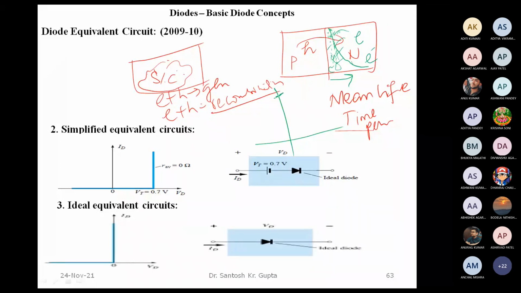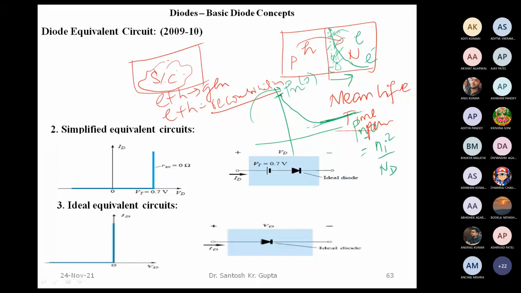The carriers have been injected from the p side to the n side with pn0 concentration, and far away from the junction we will have the equilibrium concentration pn0. In the n type, the hole concentration at equilibrium is called pn0, which we generally give as ni square upon Nd. So this exponentially drops and comes down to this value.